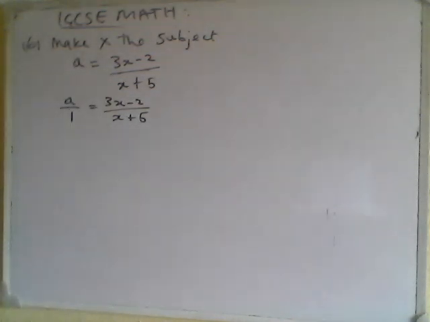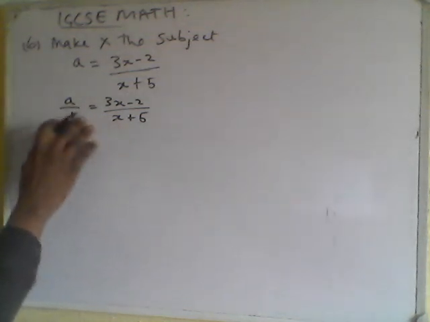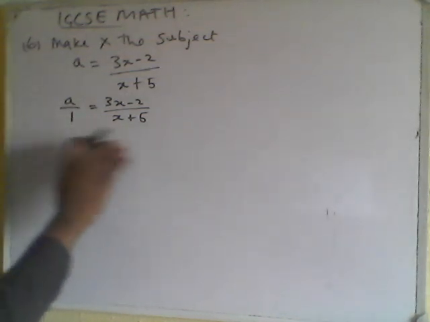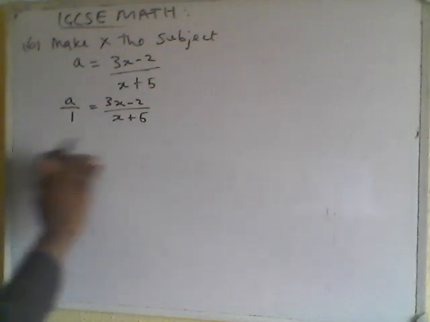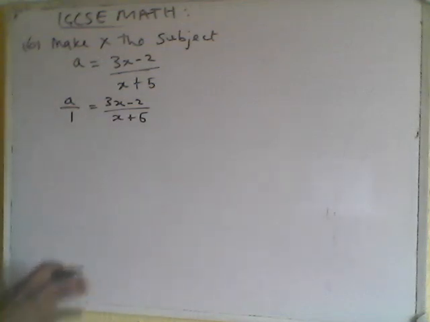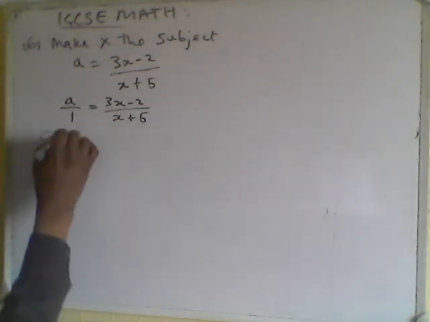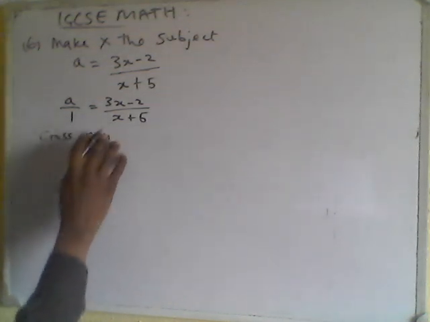Now, what we'll do to make this be in a linear form, that is, not in a fractional form, but in a whole number form, I will multiply both sides by x plus 5. Or I will introduce you to the concept of what we call cross multiplication. What does that mean?